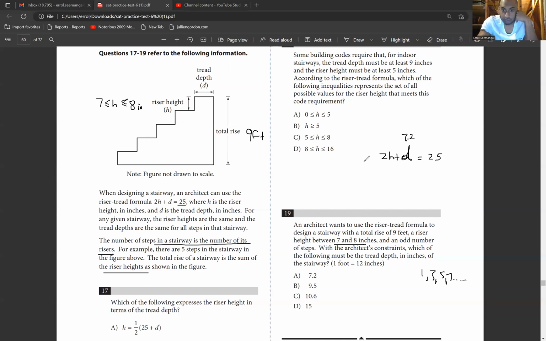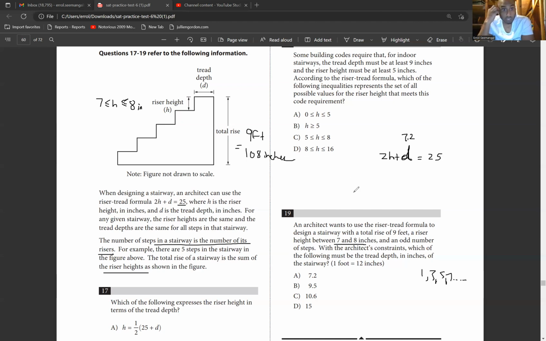So what are we trying to find? We're trying to find, with the architect's constraints, the tread depth, which is the D distance. If we convert the 9 feet, how many inches is 9 feet? 9 times 12 is 108 inches.